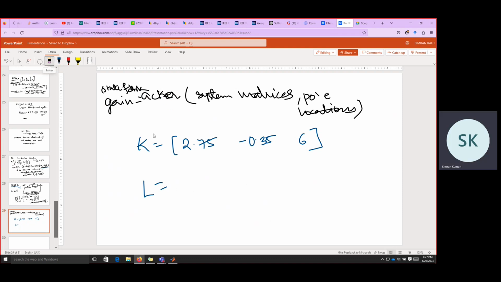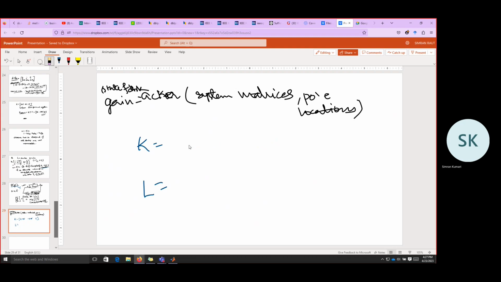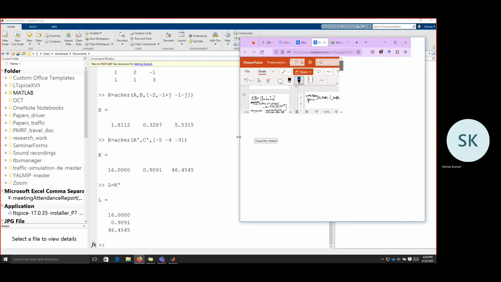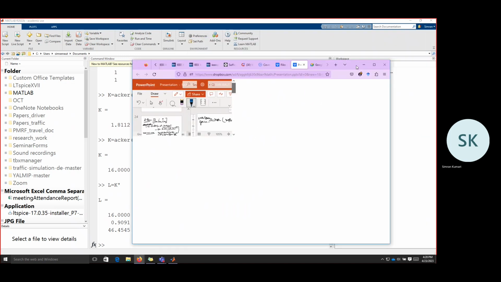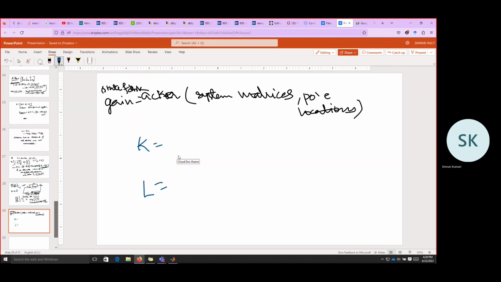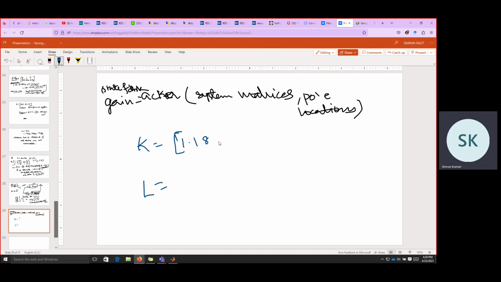So what is the value of K? It is 1.18, 0.32, and 5.5.